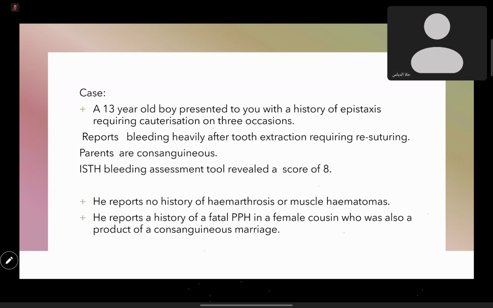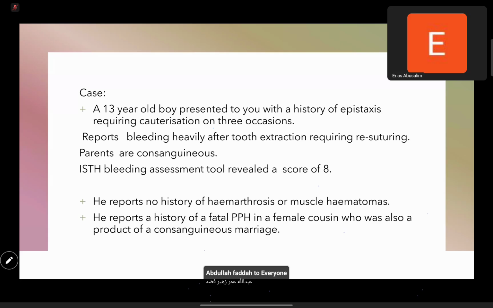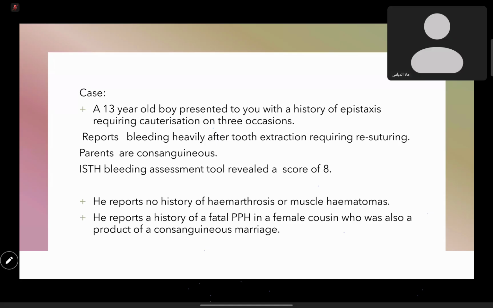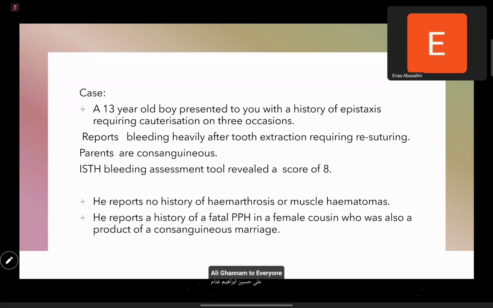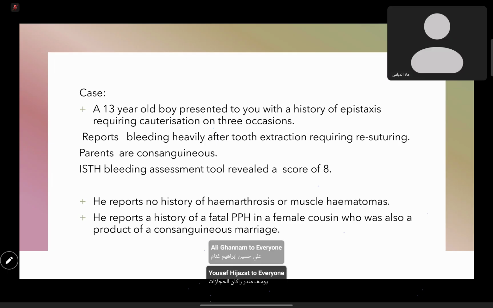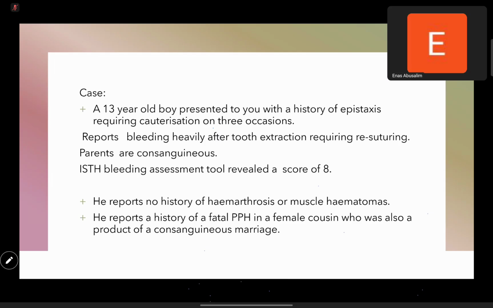He reports a history of fetal BPH in a female cousin who was also a product of a consanguineous marriage. شو رأيك؟ Is this normal؟ لا، لأنه بالتوث اكستراكشن يعني يحتاج إنه يصير له ريسوتشرينج. بالضبط. شو كمان يعني إبستاكسس ممكن أنا بسهولة، يعني مش أي مريض بيجيني إبستاكسس راح أحكي عنده bleeding disorder، قد تكون المشكلة لوكو، مزبوط. يا ما عندنا people بيصير عندهم إبستاكسس، المشكلة عندهم ENT. لكن شو اللي gives it away وبحكي لك إنه هاي المشكلة مش والله locally related to an ENT problem is that he had bleeding somewhere else which was after a tooth extraction.